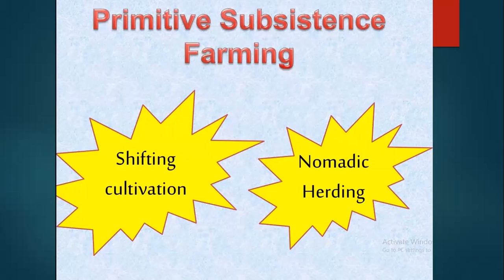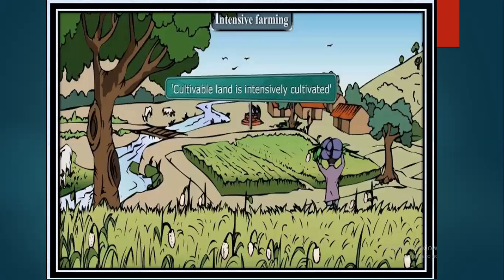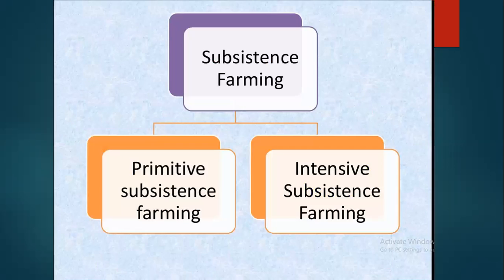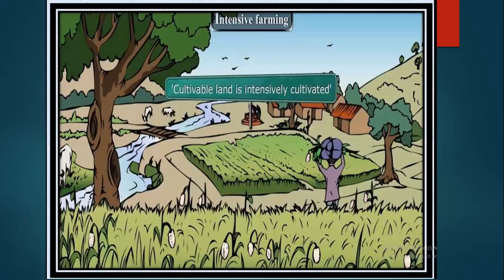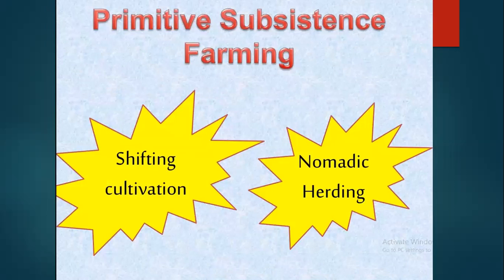Now, primitive subsistence farming. First we have seen two types of farming, subsistence and the second one was commercial. Subsistence was further divided into primitive and intensive. Then we have seen what is intensive farming. Now we are going to see what is primitive.